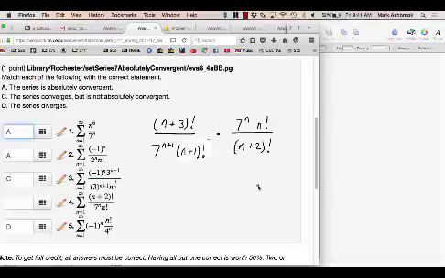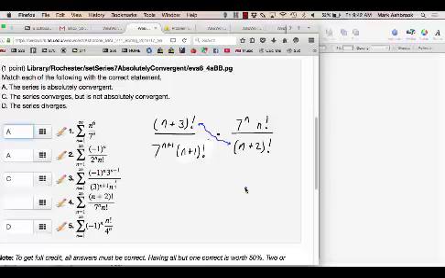Okay, so now we have to resolve all these factorials to figure out what we're going to have. So let's combine these two, because those were together. (n plus 3) factorial divided by (n plus 2) factorial. If you can't look at that and do it, then you need to write both of them out and figure out what it is.